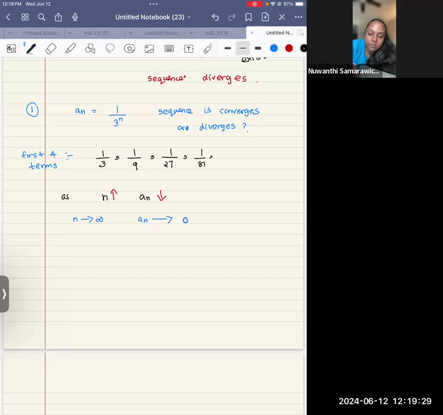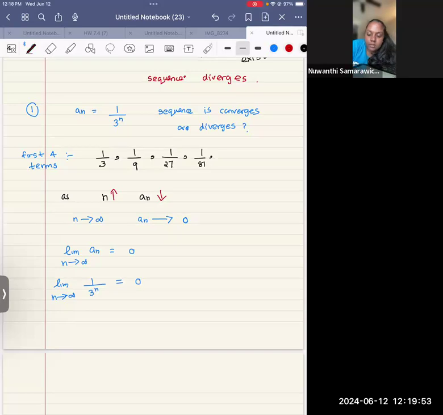So that means we can write this as a limit term. The limit as n approaches infinity of a sub n is equal to 0. Okay, so this approaches 0.